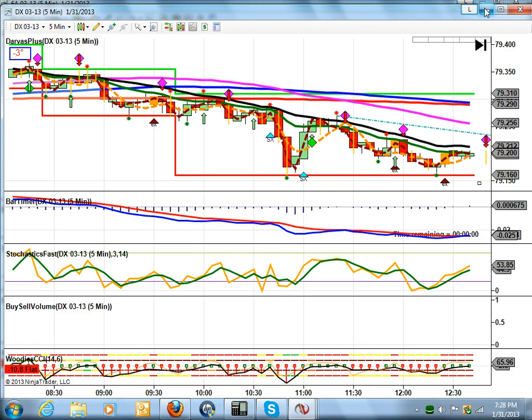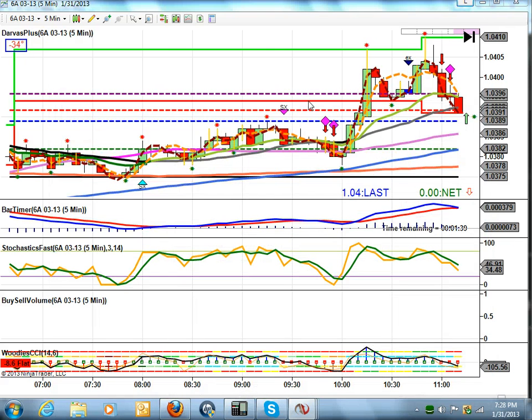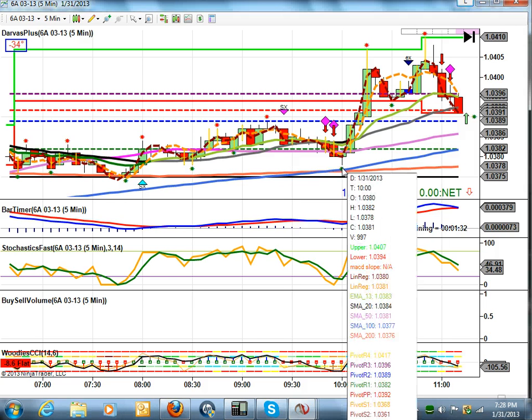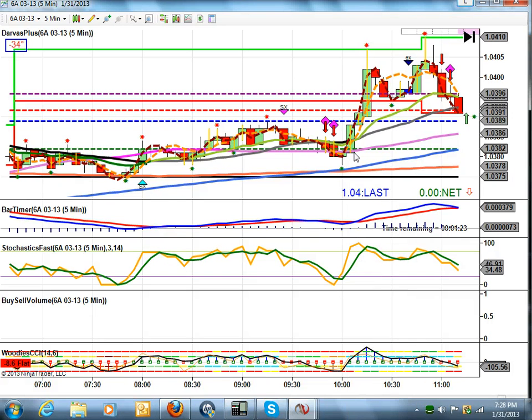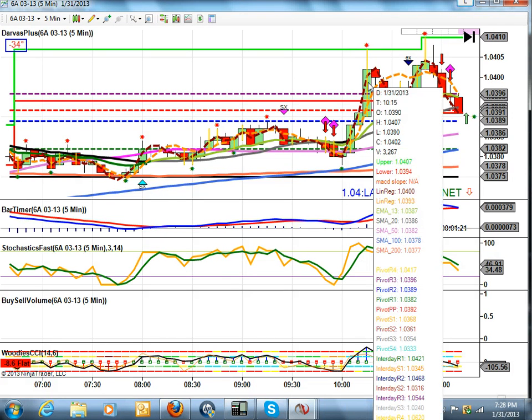Now, if we take a look at another currency, in this case the Australian dollar, we see something else that happens around 10 a.m. At around 10 a.m., the Australian dollar hit a low of 1.0378 and then immediately began to go higher.